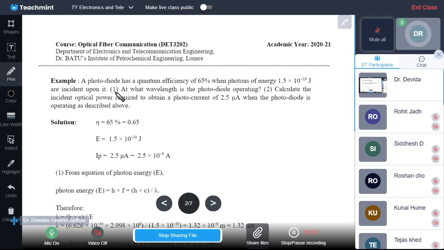Number 1, at what wavelength is the photodiode operating?